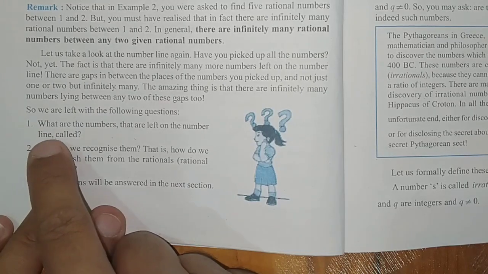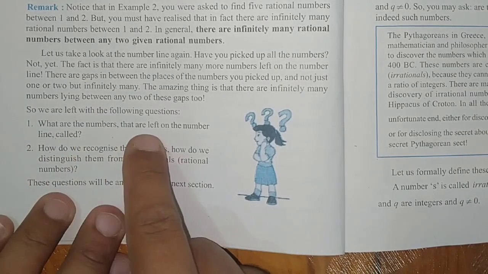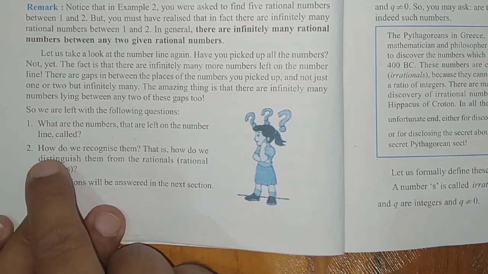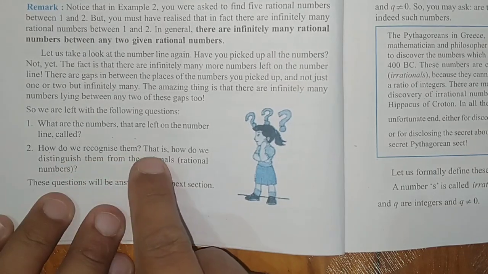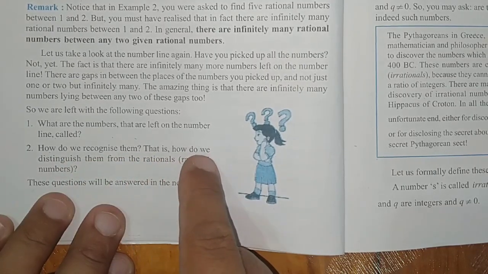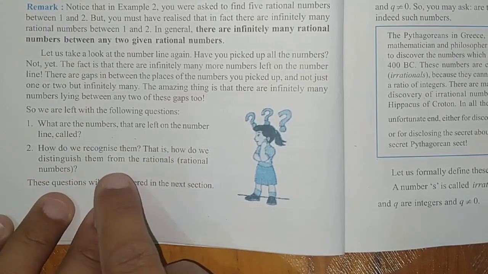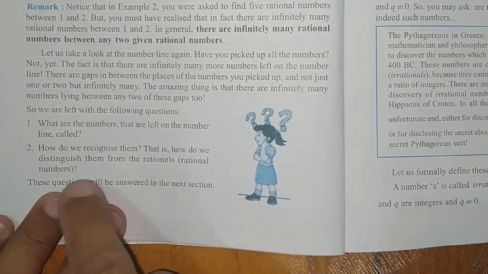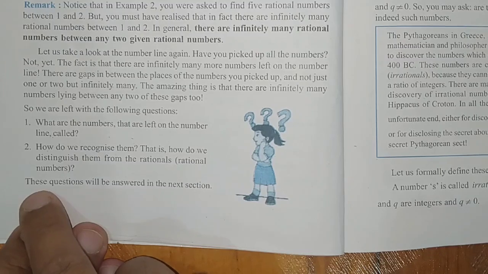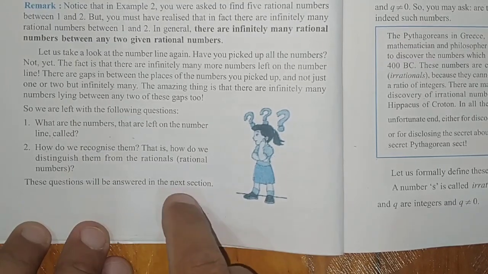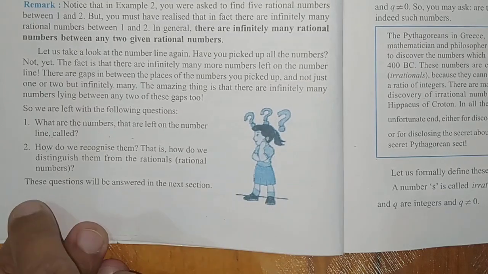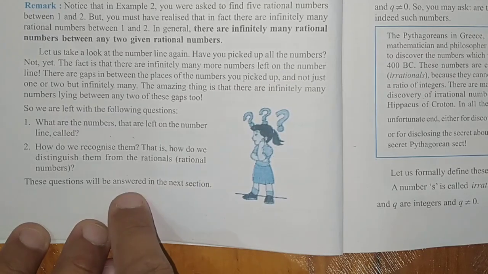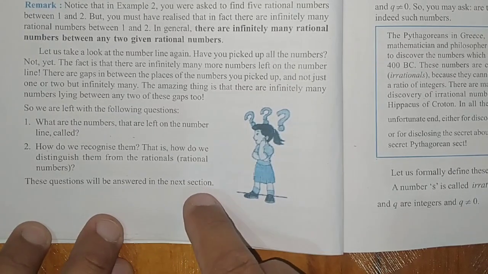Number 1: What are the numbers that are left on the number line called? Number 2: How do we recognize them? That is, how do we distinguish them from the rationals (rational numbers)? These questions will be answered in the next section. I repeat, these questions will be answered in the next section.